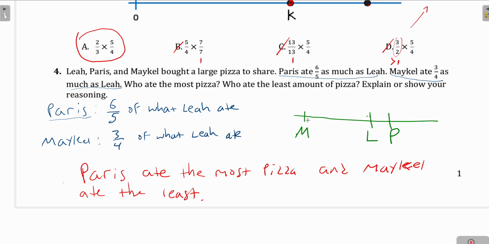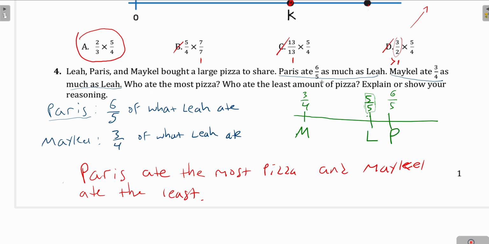Michael ate the least, he ate 3/4, and Paris ate 6/5. And Leah, we don't know exactly what she ate, but we can assume she represents the whole pie that was available, because it says they bought a pizza to share.